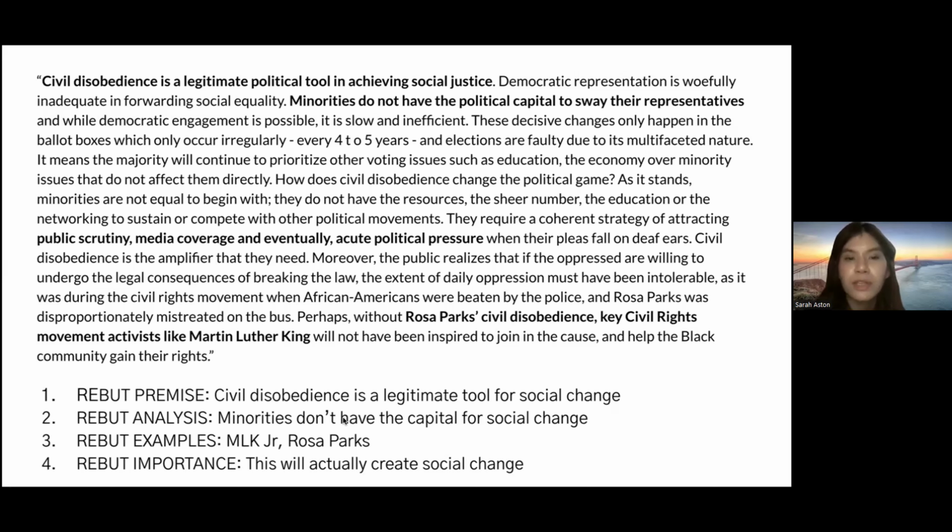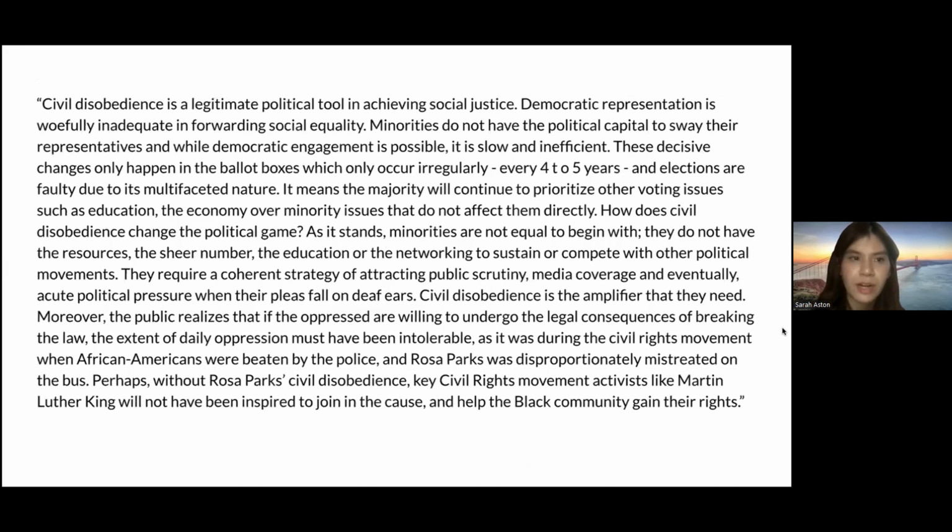So these are the examples that you are also able to rebut. And lastly, in terms of rebutting the importance, which is how this will actually create social change, right? So does it create that social change? Why is social change the most important thing? How do you have social change on your side? Okay, right. Similarly, same thing.